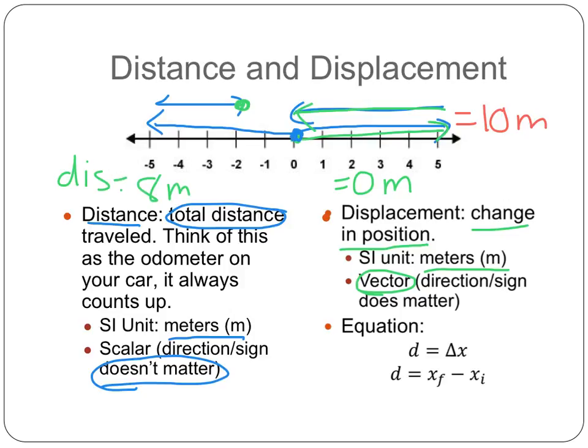But let's think about my displacement. The difference from the start to my end is only -2 meters. So we'll work with this during our labs and also using our position and time graphs.